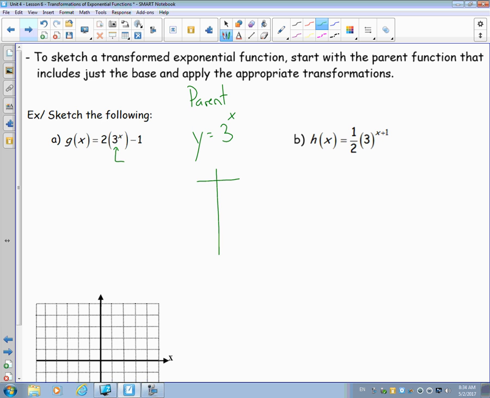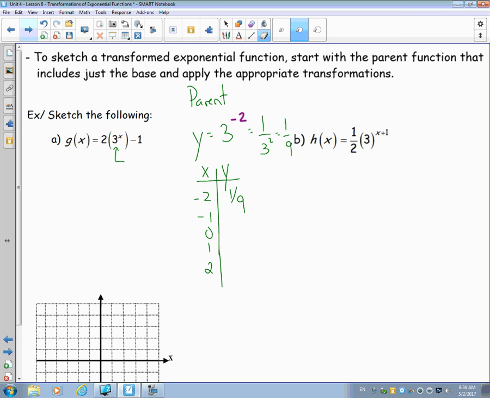I can make a table for this. Our standard table is -2, -1, 0, 1, 2. And we'll figure out what happens when I use x as my exponent. So in the first instance, if we turn x into 3 to the power of -2, think about negative exponents, what happens? We get 1 over 3 to the 2, or in other words, 1/9.